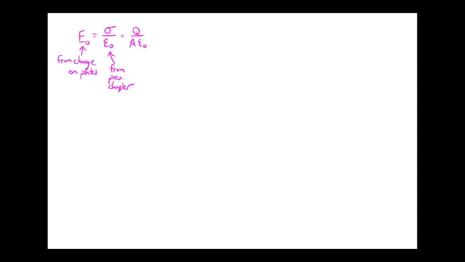And we can do something similar for the charge on the dielectric that's causing the induced electric field. So E induced, this is from charge on the surface of dielectric. And that's going to be equal to an induced charge density divided by epsilon naught, or equal to Q induced over area epsilon naught.